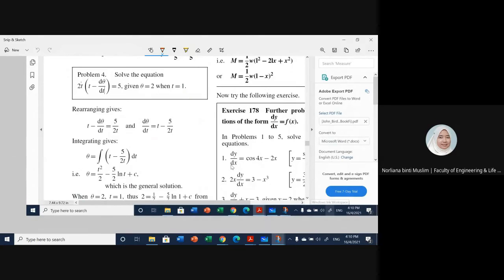First we bring this 2t to the right hand side. So here you have t minus d theta over dt equal to 5 over 2t. Then we transform again, so you can have d theta over dt equal to t minus 5 over 2t. From this point it is the same as before.